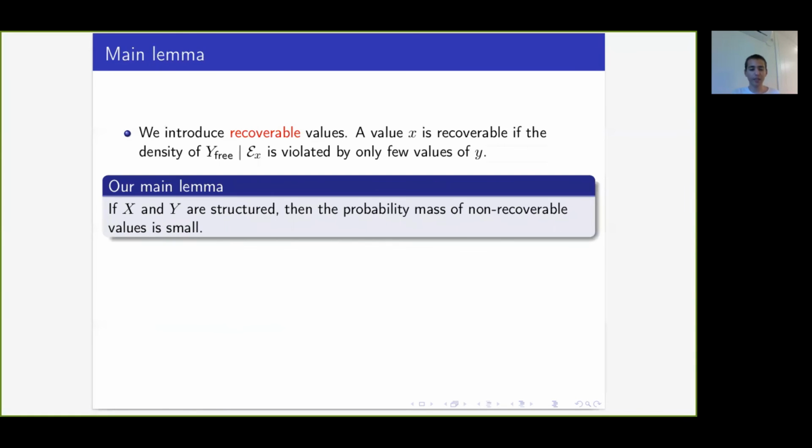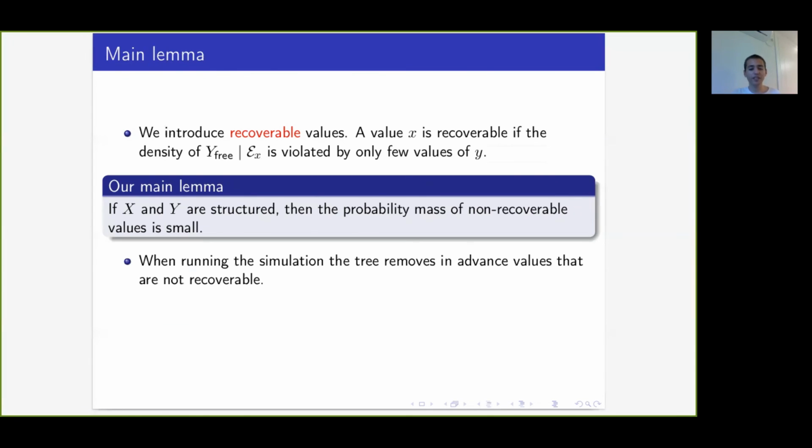Now we can state our main lemma that formalizes the observation. Our main lemma states that if x and y are structured, then the probability they take values that are not recoverable is very small. The tree we introduced in our paper removes in advance all values that are not recoverable. At some point along the simulation, the tree may need to fix some coordinates and condition on them.